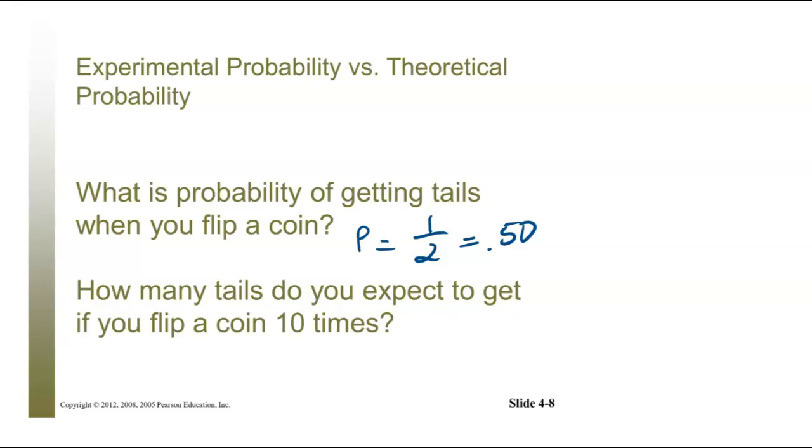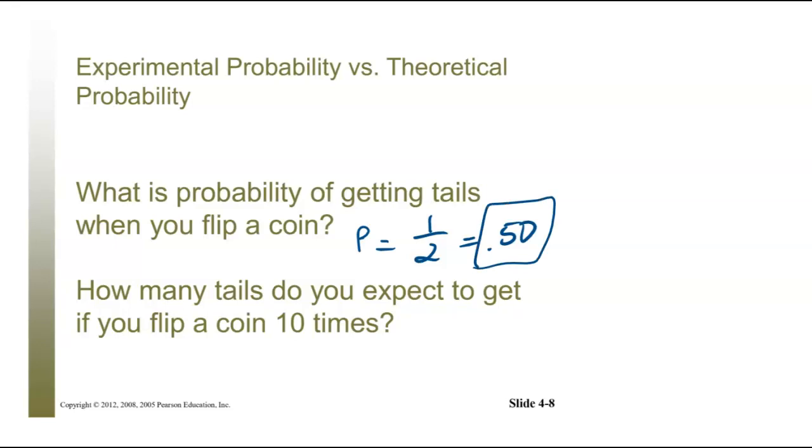The act of actually doing it is your experiment. That's experimental probability. The thinking about what you would expect to get is your theoretical probability.